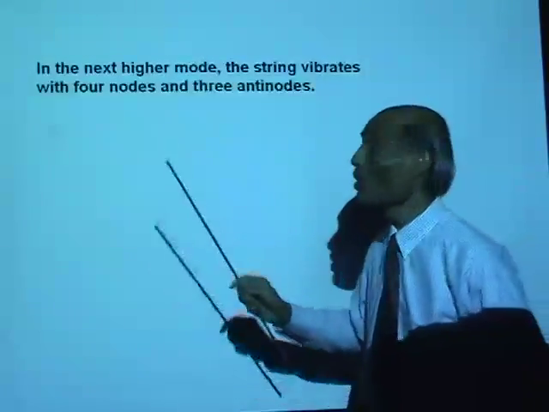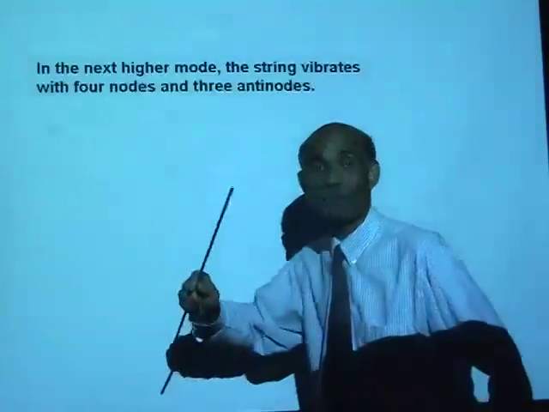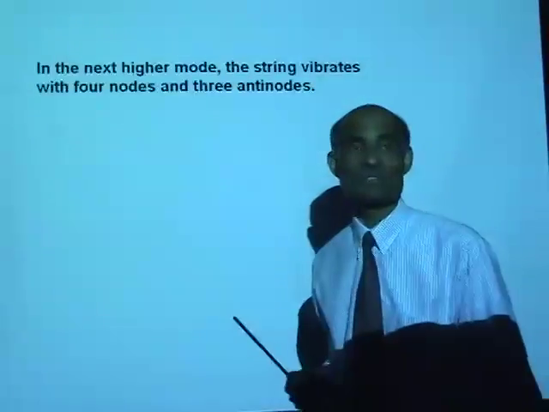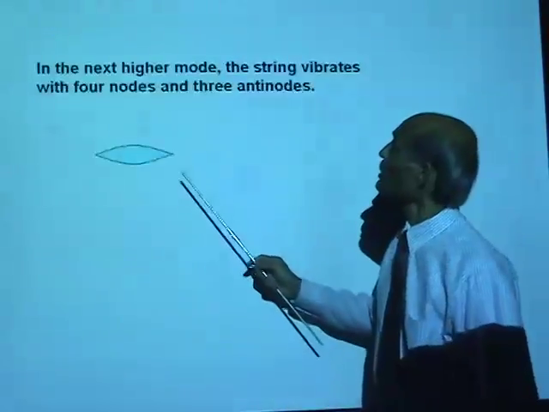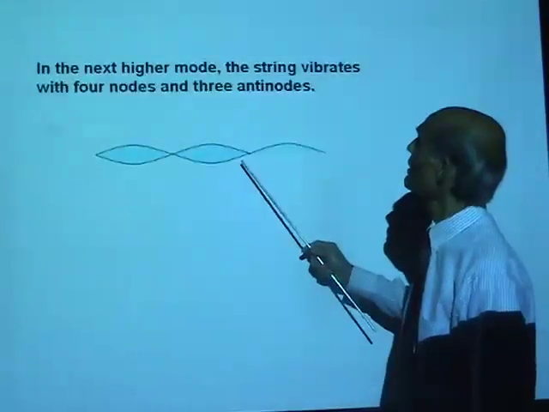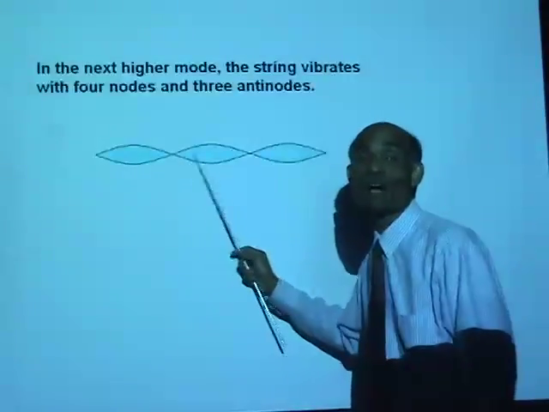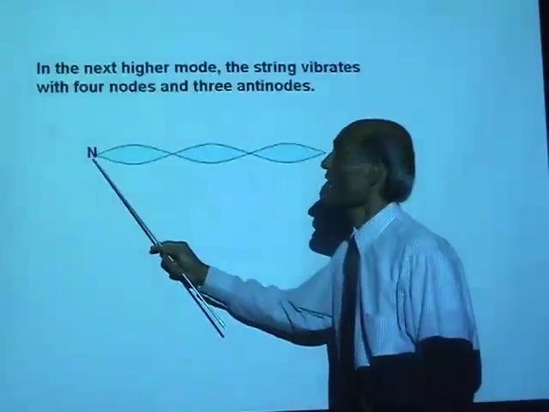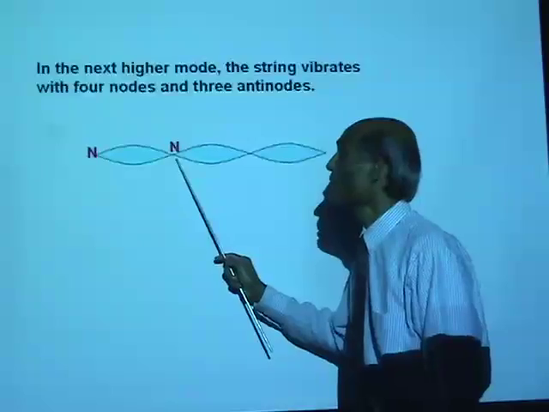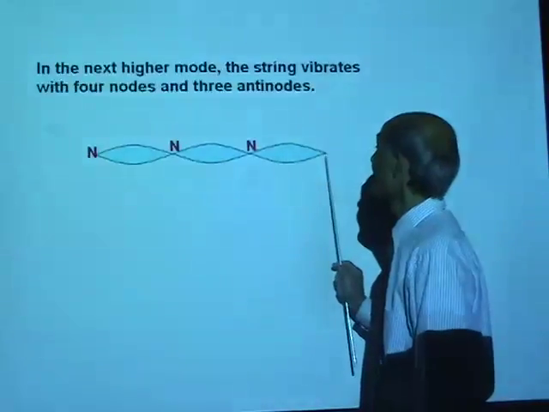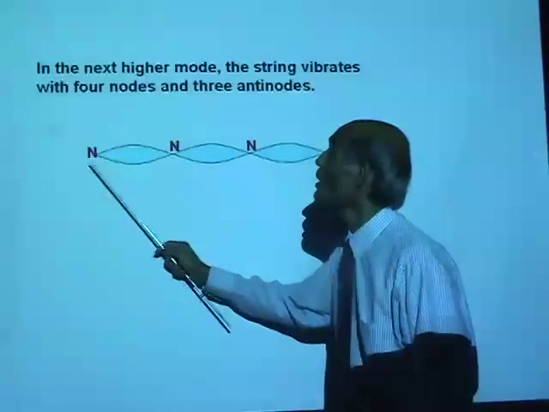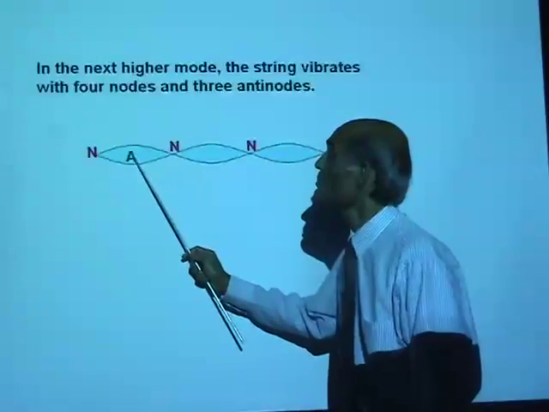In the next higher mode, the string will vibrate in 3 segments. Now look at these segments. This is the third mode of vibration. You have a node there, a node, a node, a node. There are 4 nodes. And how many antinodes?